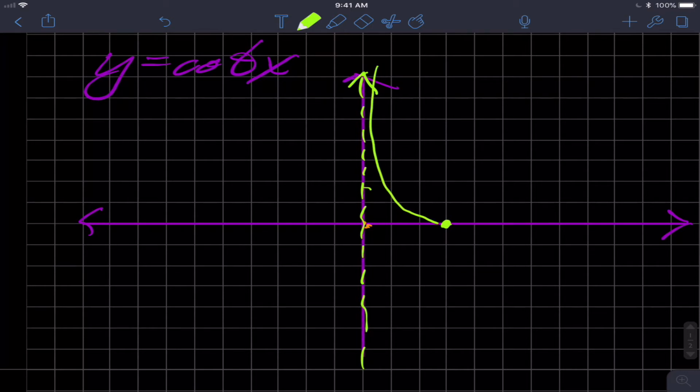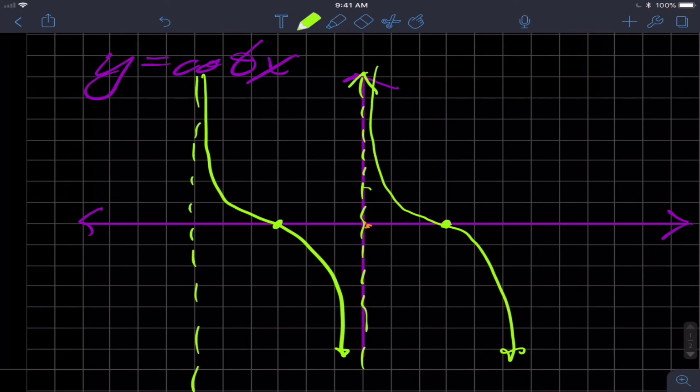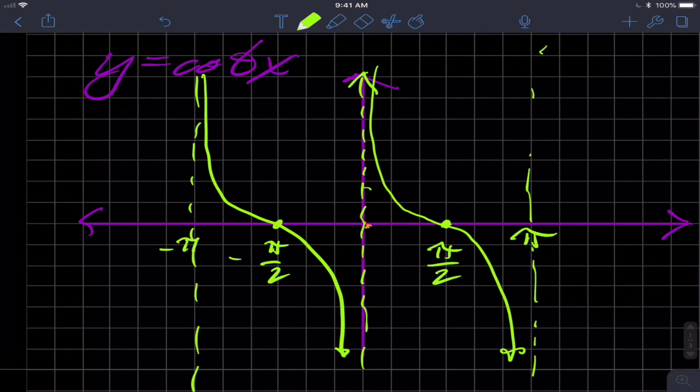And so our function looks sort of like this. Maybe I'll draw this one better. That one looks a lot better. And then there's an asymptote here. This is at pi over 2 now instead of negative pi over 2. Instead of an asymptote, I have a 0 value. And this one, I have a 0 value at pi over 2 instead of an asymptote. The asymptotes occur at pi and negative pi instead of at pi and negative pi over 2.